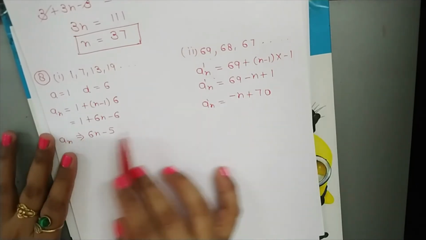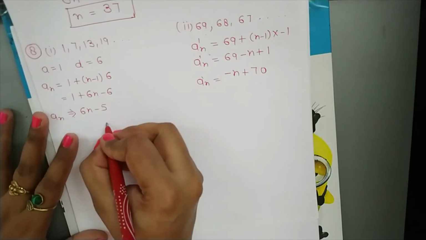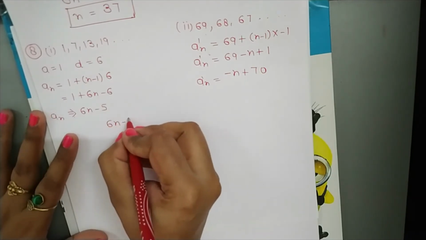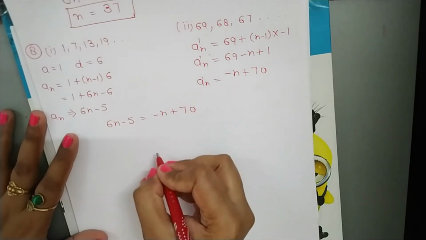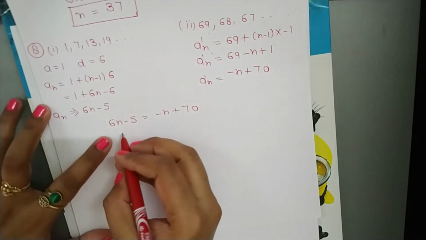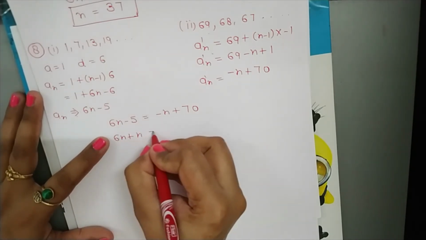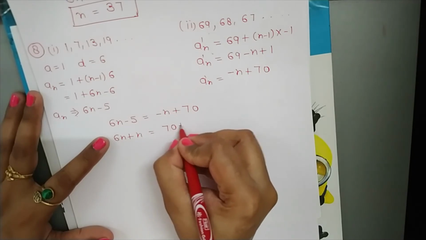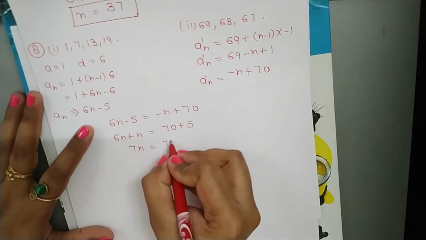Okay, now the question is for what value of n these two APs are the same. So we have to equate the nth terms of these two APs. We can write 6n minus 5 is equal to minus n plus 70. Then transfer the constants and the variables. So 6n plus n is equal to 70 plus 5, that is 7n is equal to 75.